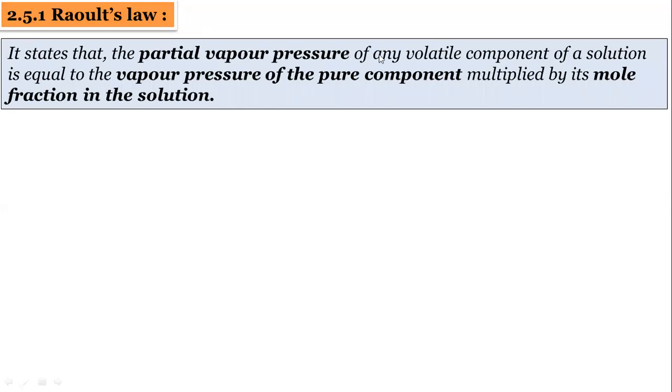So the partial vapor pressure of any volatile component of a solution, remember, it may be a solute part or it may be solvent part, is equal to the vapor pressure of pure components. Whatever the pure component which is present in a solution, partial vapor pressure is equal to the vapor pressure of the pure component and its mole fraction.